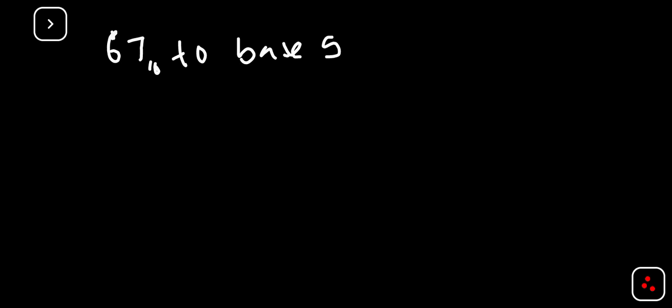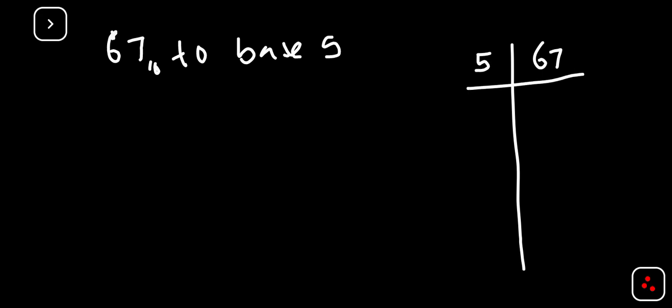Let's see if we'll get that. So we'll have our 67 here, and then we divide by 5. So how many times can 5 go into 67? It will go 13 times, I suppose. Remainder 1. No, remainder 2, because it's 65.